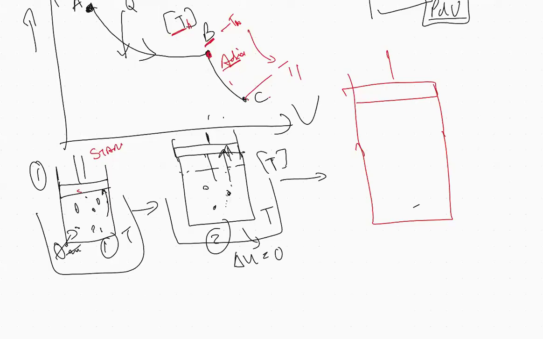Now here, from TH, whatever the temperature is coming, let's say T1. Again, it's expansion there. It is called adiabatic expansion. First, isothermal expansion. This was isothermal expansion. That's why delta U was 0. This is the adiabatic expansion.